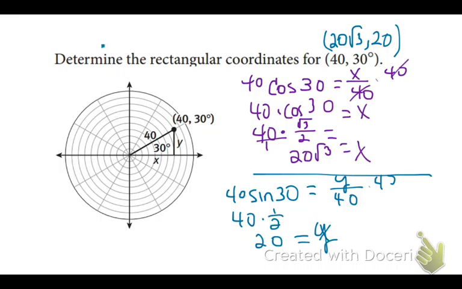So in general terms, we could say, if I want to find my x, it is going to be equal to my radius times my cosine of theta. And for my y, that is going to be my radius times my sine of theta.